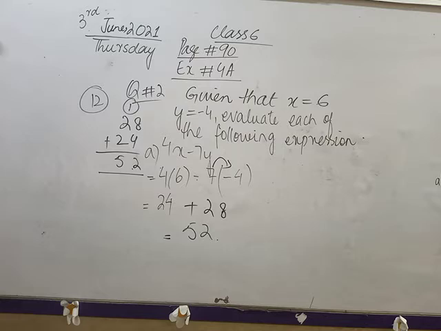First of all we will write 4 as it is and we will put the value of x which is given in it. So what is the value of x in it? 6. So when we put 6 here, we have the next value which is y. So जब हमने y की वैल्यू पुट की यहाँ पर, तो हमारे पास -4 आ गया. अब हमारे पास जो टर्म बन गई है वो है 4 इंटू 6 - 7 इंटू -4.